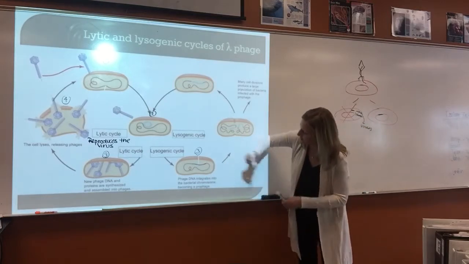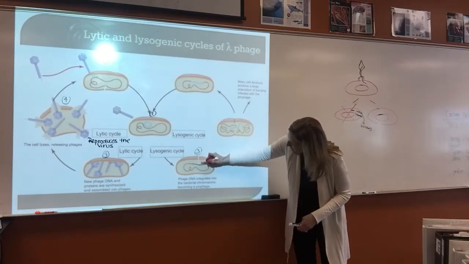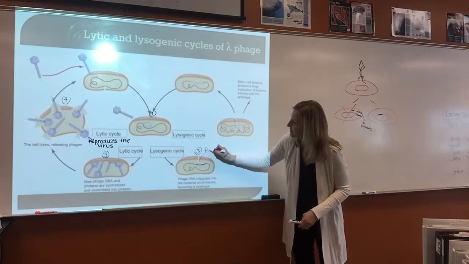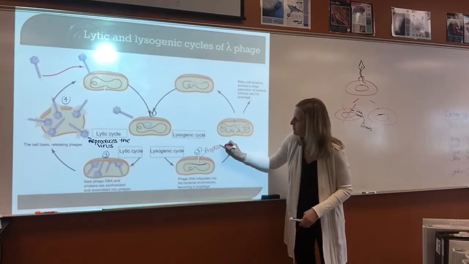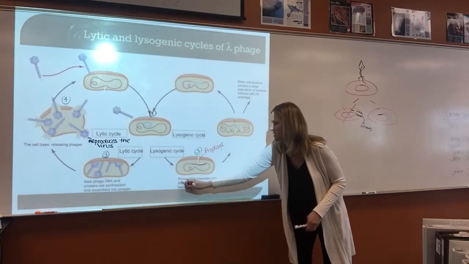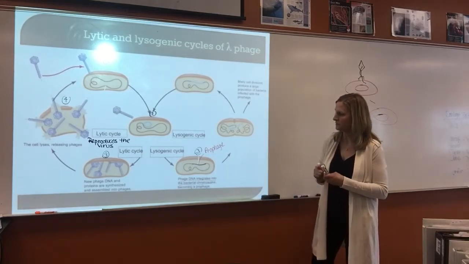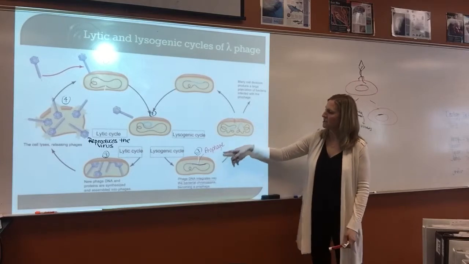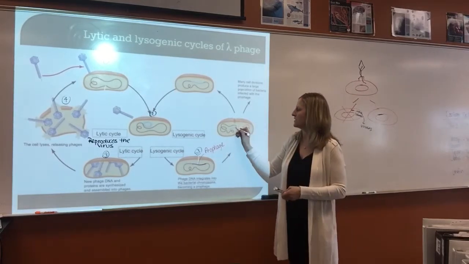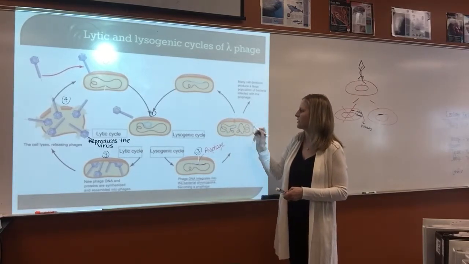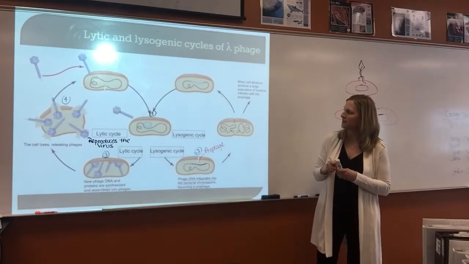So I color-coded this because that's different here. So this part right here is the prophage, which is what we just wrote here. So what does that bacteria do? It divides, and when it does, it replicates its DNA and therefore replicates the viral DNA.